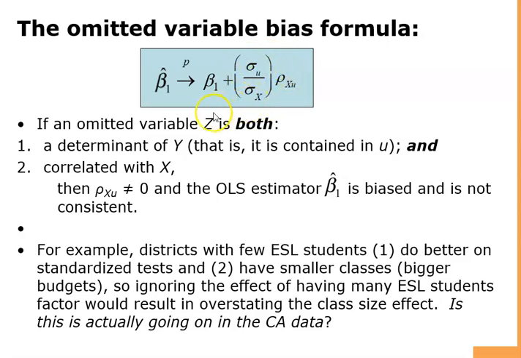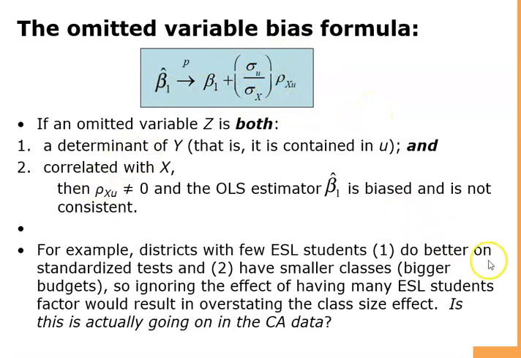That will mean the estimation of beta 1 hat will not be very accurate, because it will not be equal to beta 1 and it will have either an upward bias or a downward bias.